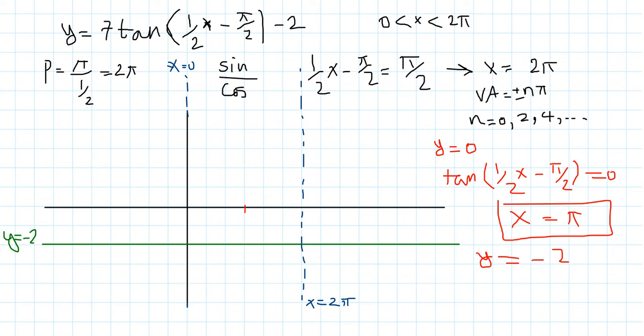So I should find this point, pi and minus 2. Now I can draw the graph. It passes through pi. It is my graph. Now go to the next graph.